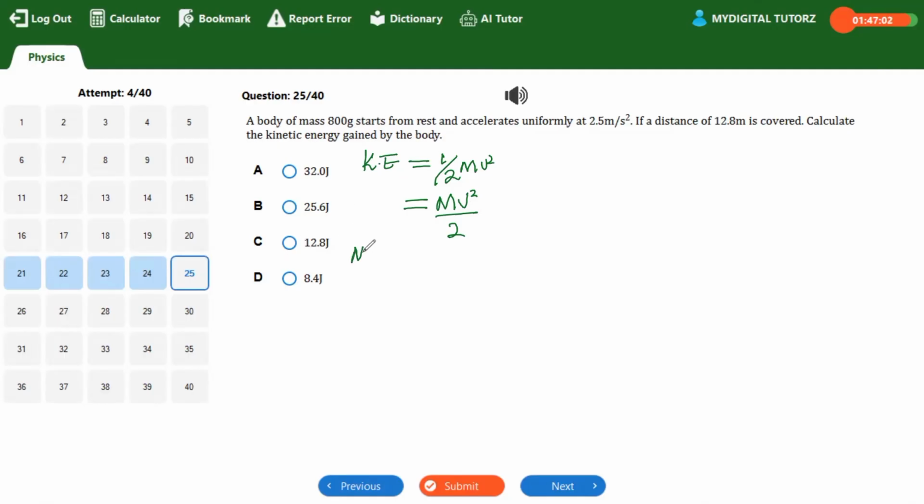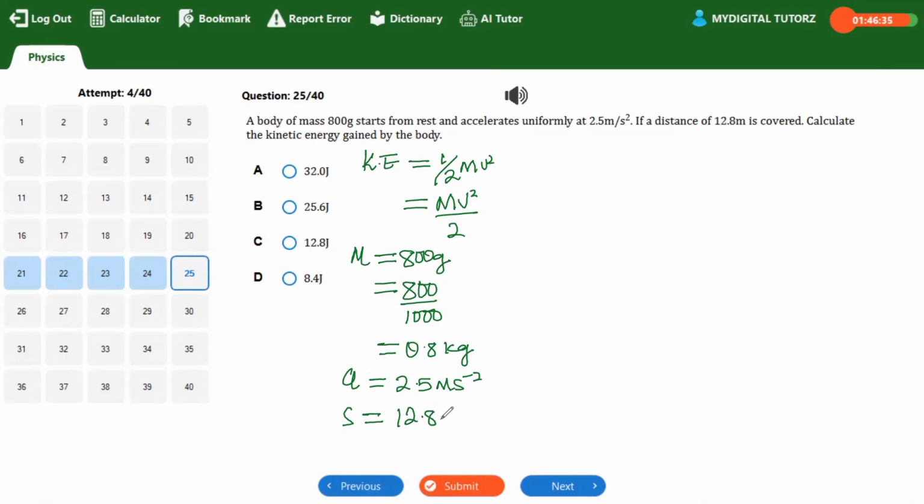So we are given that mass is equal to 800 gram. Convert to kilogram, that will be 800 divided by 1000, which will give us 0.8 kilogram. Is that clear? And the acceleration a is equal to 2.5 meter per square second, and the distance s is 12.8 meter. According to the question, it starts from rest.